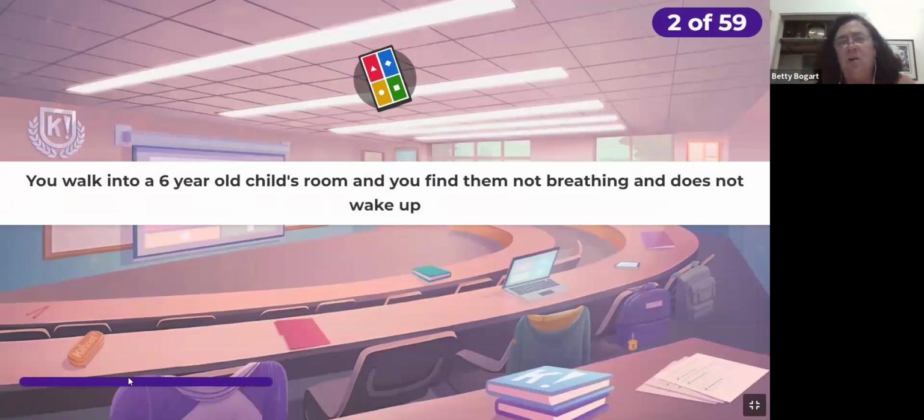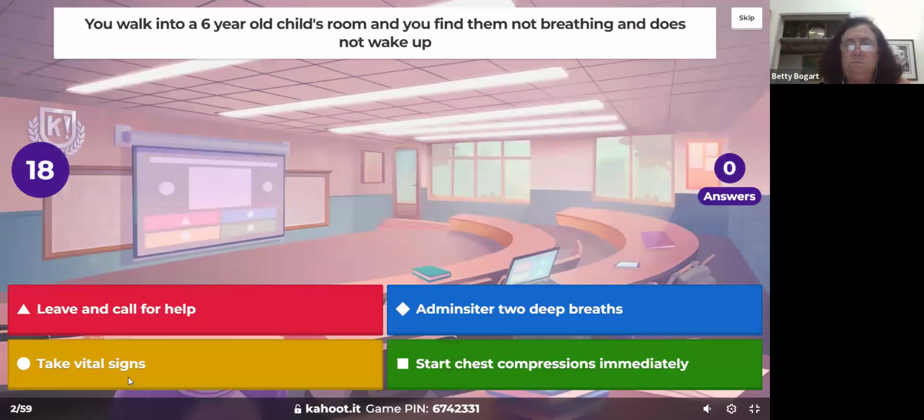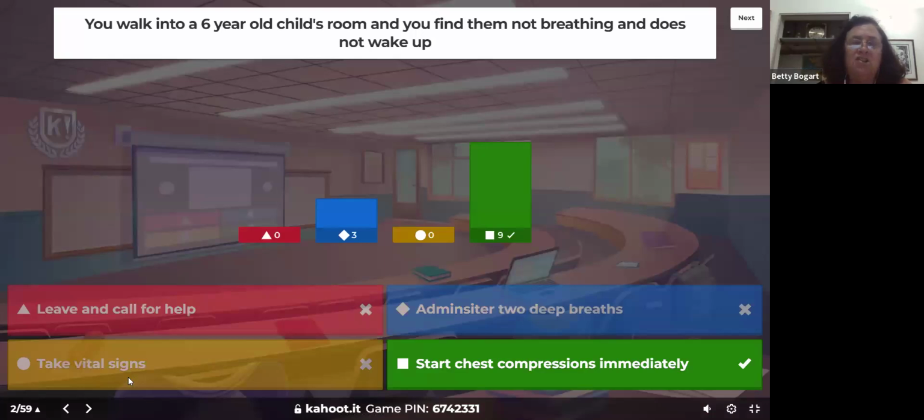You walk into a 6-year-old child's room and you find them not breathing and does not wake up. What are you going to do? You are going to start your chest compressions immediately.